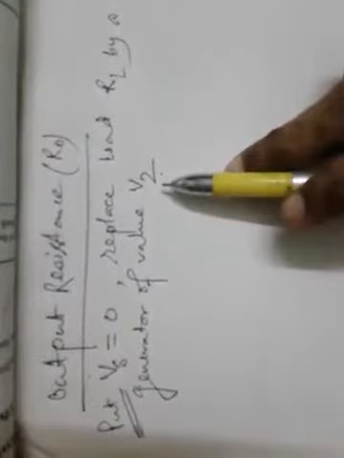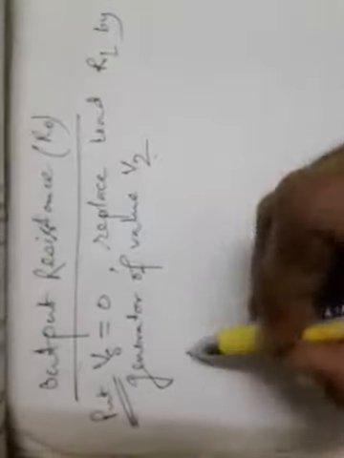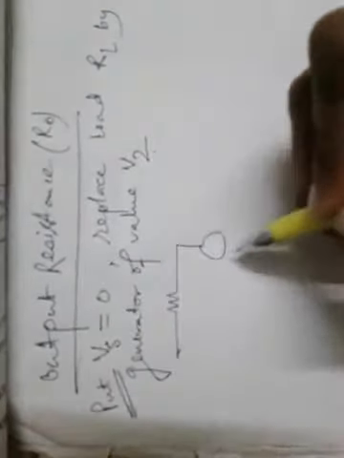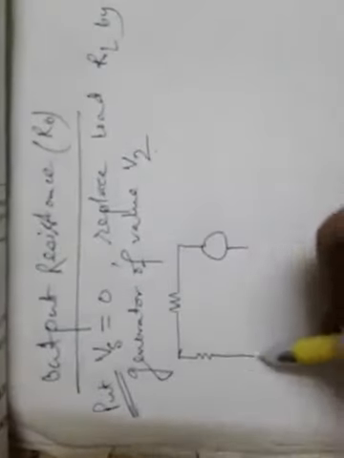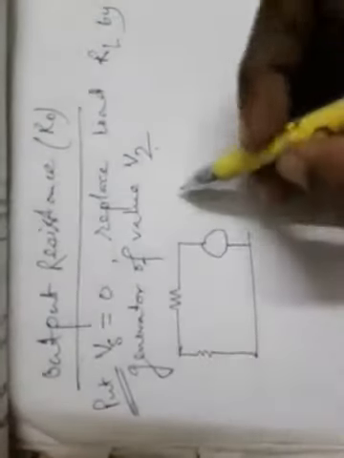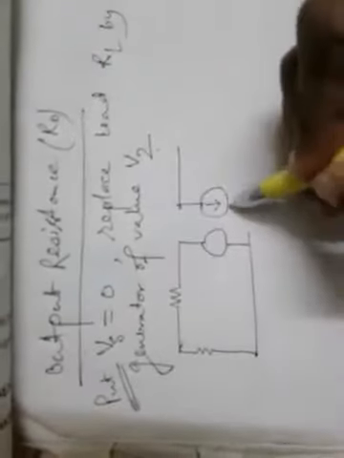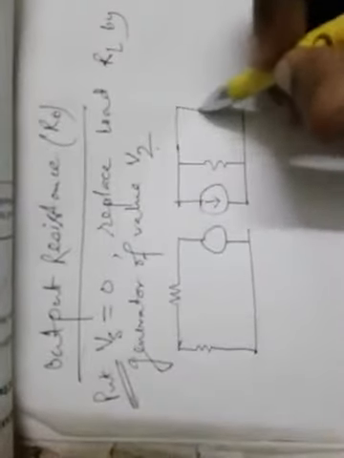So let that V2 be represented like a voltage source connected at the output terminal. So the reduced circuit will be simplified in this fashion. This is the input side, and the output side should look like this.